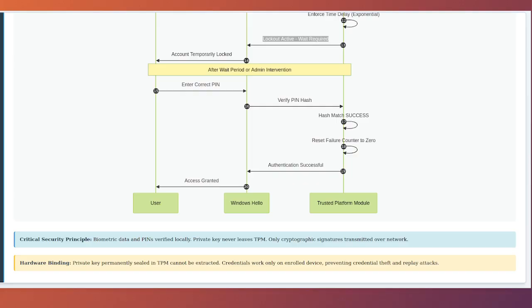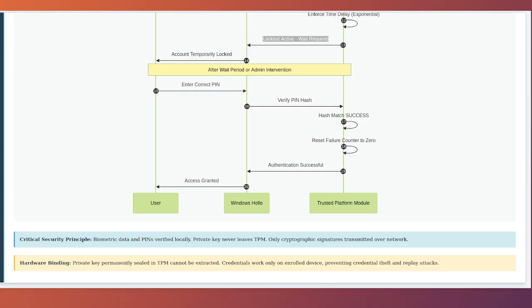With Windows Hello and TPM, the PIN or biometric never leaves the device. The private key never leaves the TPM. Only public key signatures are transmitted, and these signatures are useless to attackers because they are valid only for the specific challenge they signed and cannot be replayed for future authentication attempts.